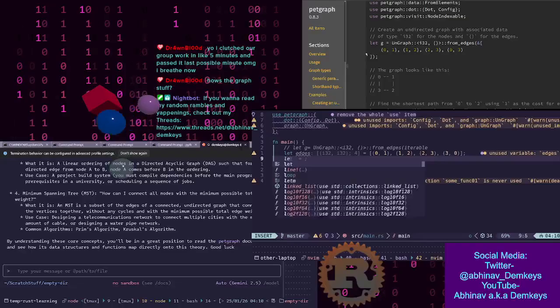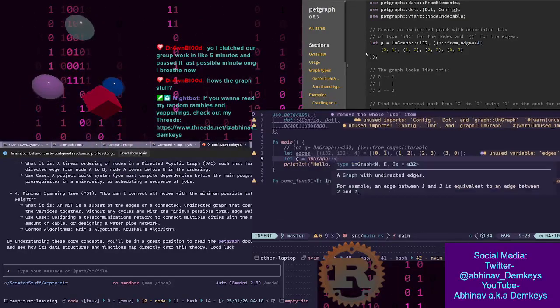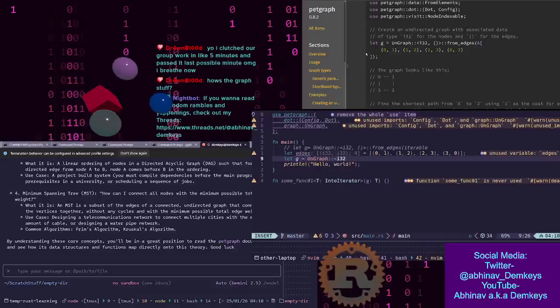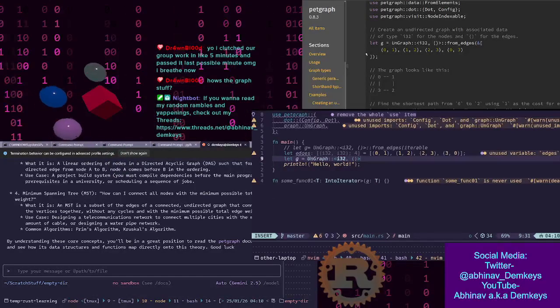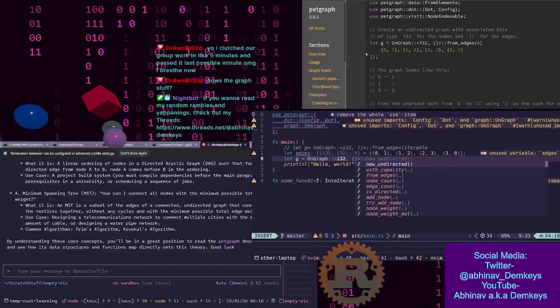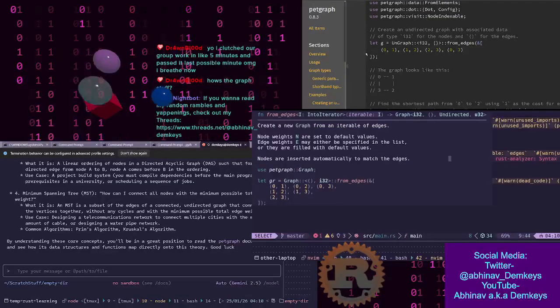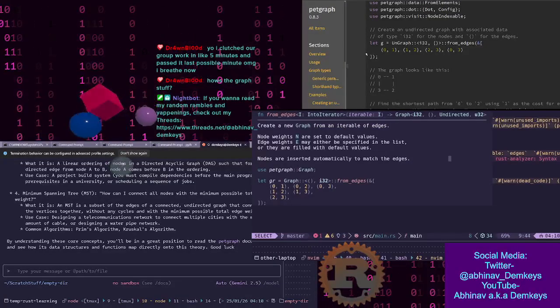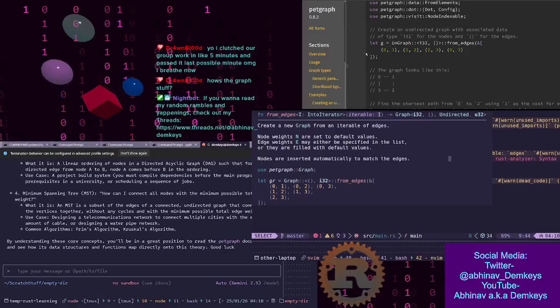Okay, so then we define ungraph I32. And this, I need to understand the type, the generic types that are being accepted here. Then from edges, and the edges that we specify here, the edges are basically anything that implements into iterator. That is interesting.